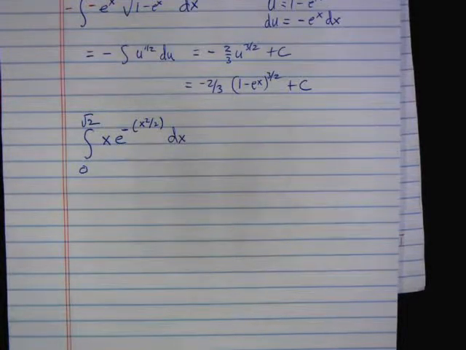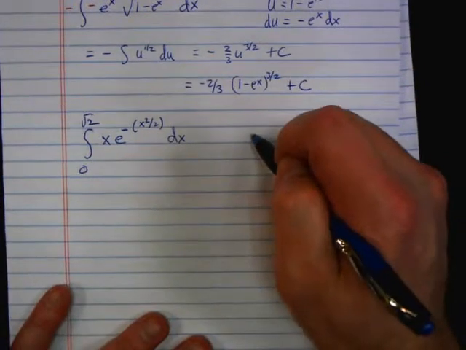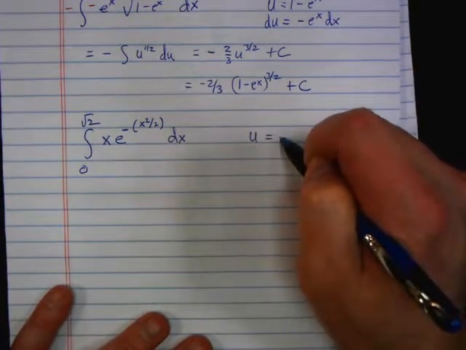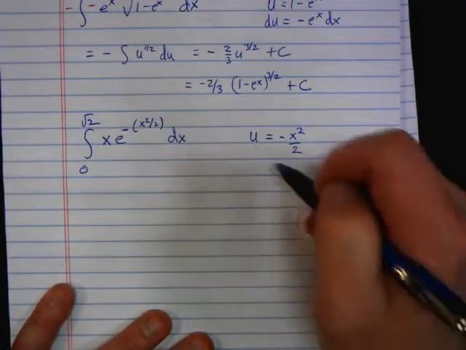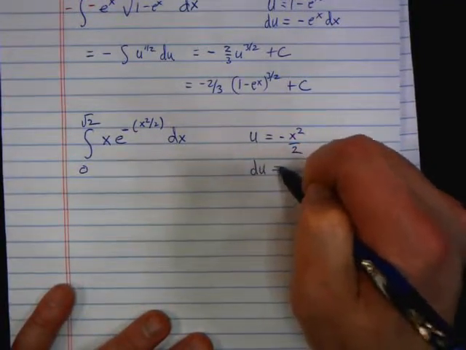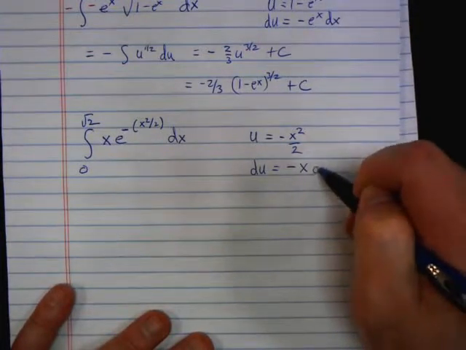What's a good beginning? U sub where u is the exponent. That's going to happen quite often. So u is negative x squared over 2. That works out pretty well because du is going to be negative x dx.